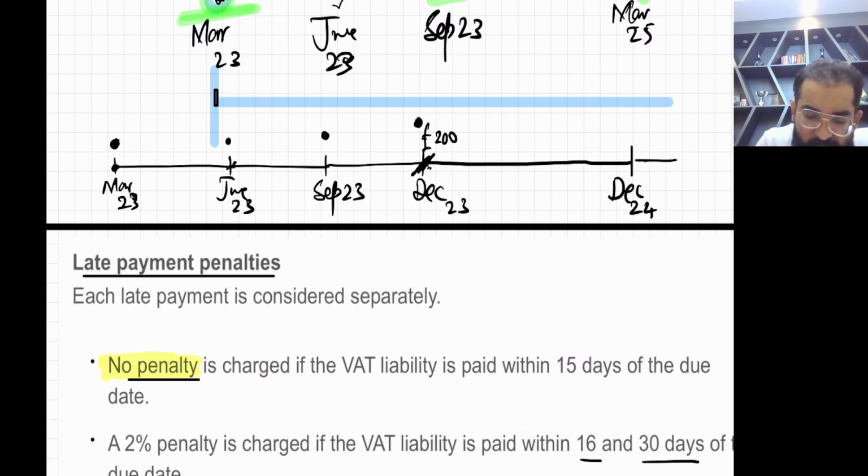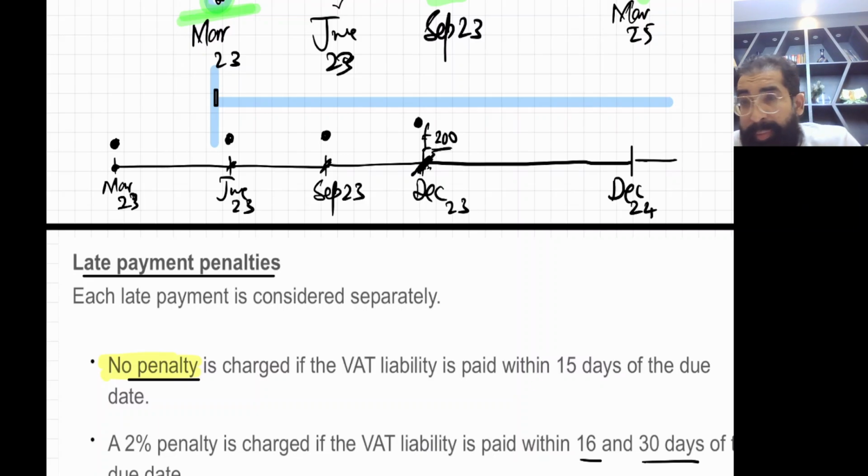In June 23, again you submitted a late VAT return, so you got the second point. In September 23, again late, you get the third point. And in December 23, you submitted late, you get the fourth point. As you get the fourth point, you touch the threshold and you have to pay a £200 penalty.